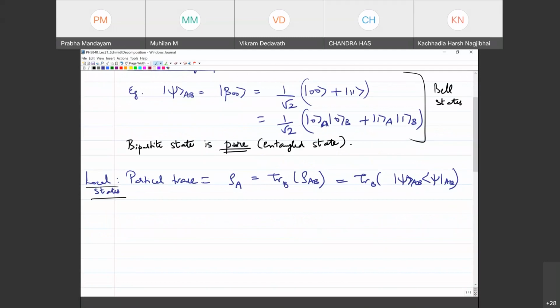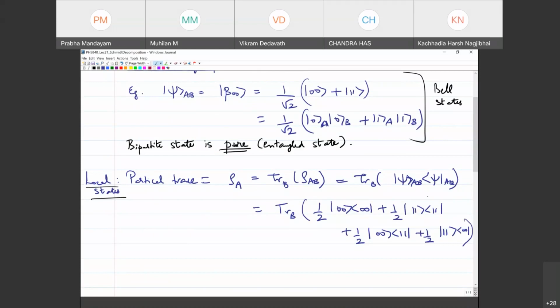So you basically had to do trace over B of half |00⟩⟨00| plus half |11⟩⟨11| plus half |00⟩⟨11| plus half |11⟩⟨00|.